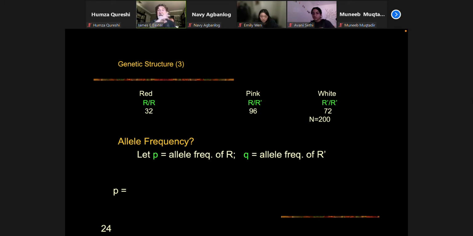Therefore, in this population, we have 400 alleles, 2 different types. Out of those 400 alleles, how many of them are big R and what percent are big R prime, regardless of the genotype combinations? We're using some mathematical symbols here, P and Q. P is equal to the frequency of big R. Q is the frequency of big R prime.